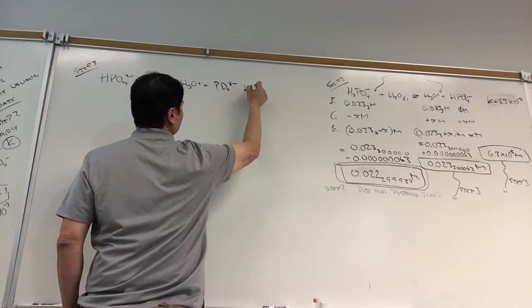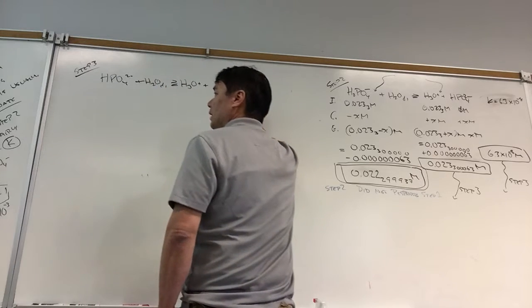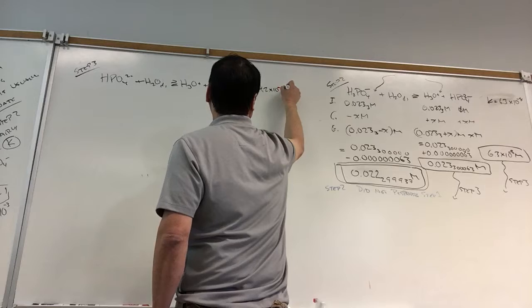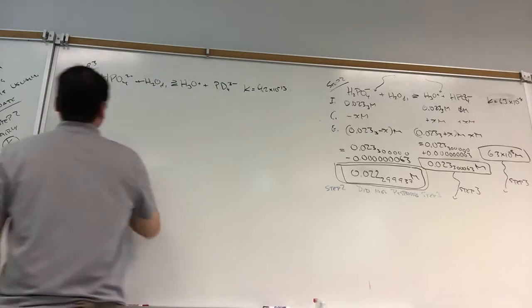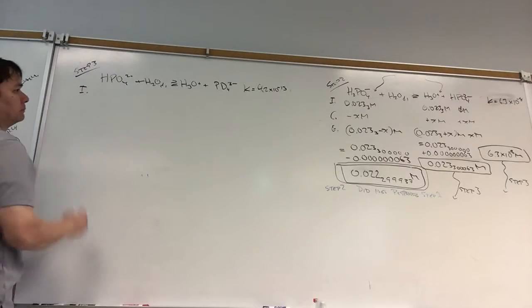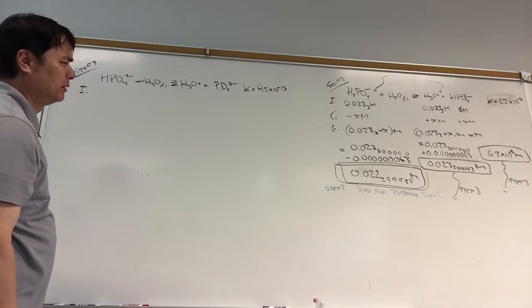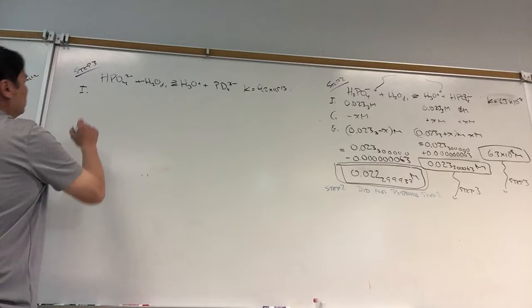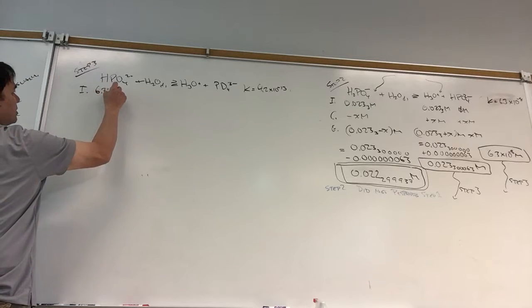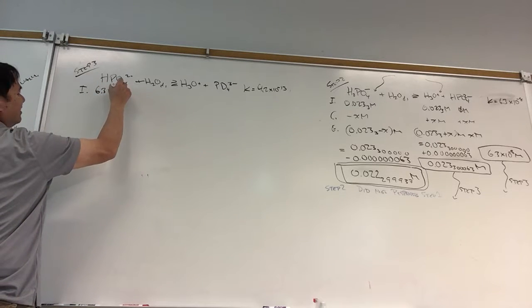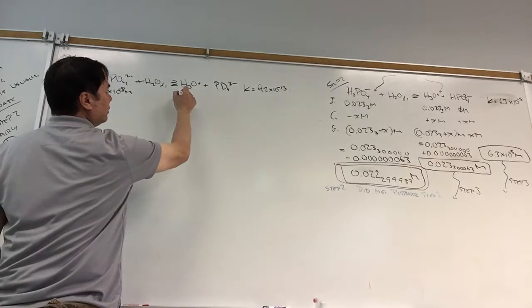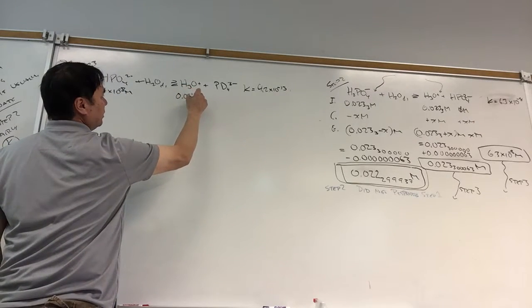Even step 1 takes a lot of work. This is why people look for tricks to save time. This is going to be 6.3 times 10 to the minus 8 molar monohydrogen phosphate, 0.0233 hydronium.